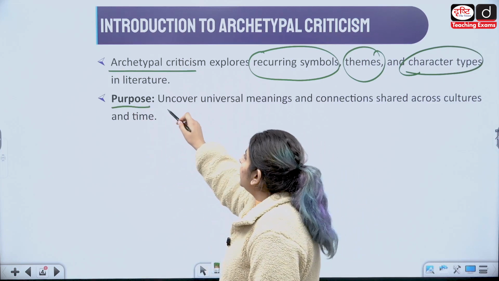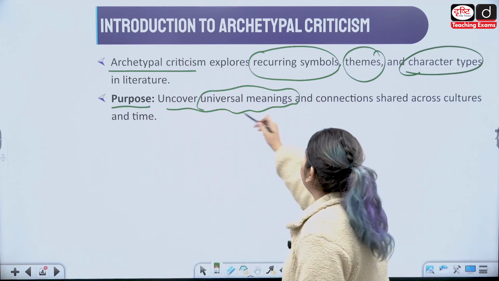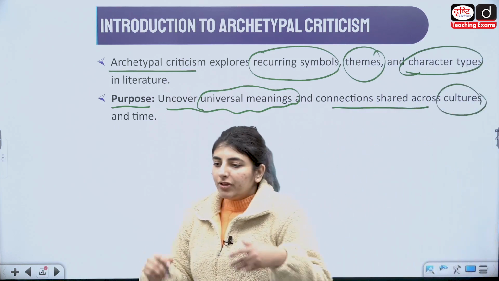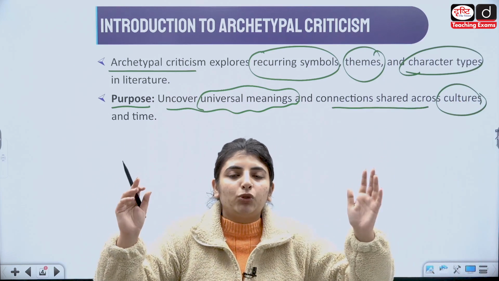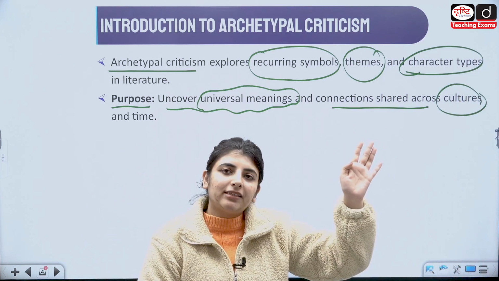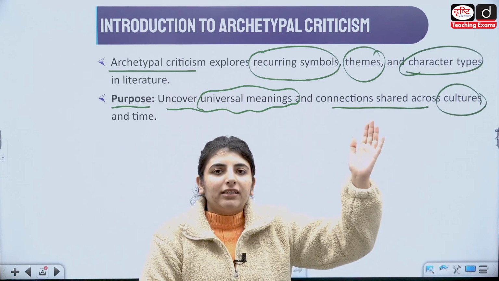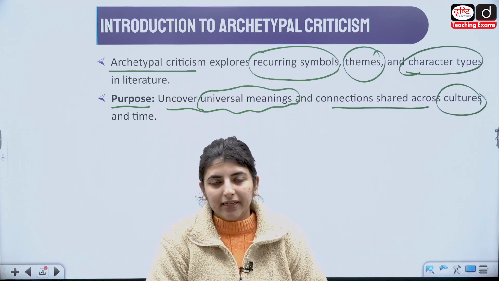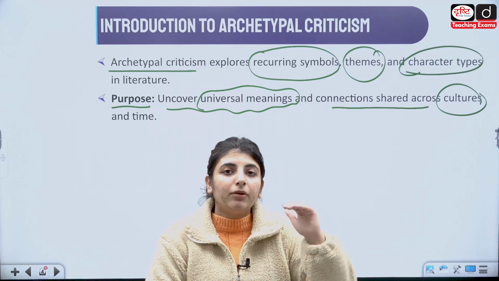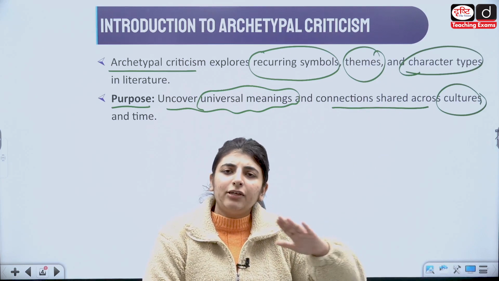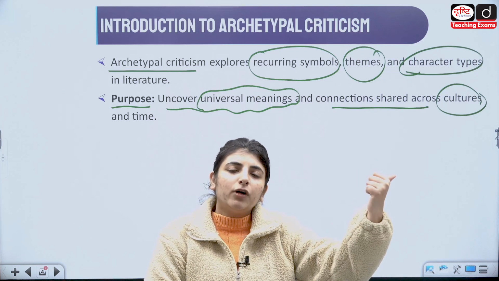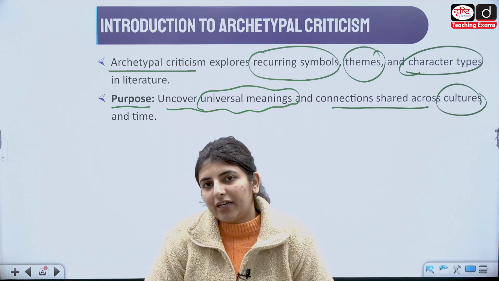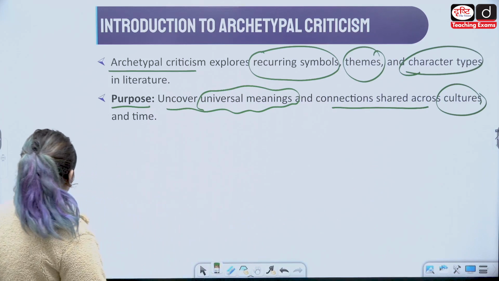The purpose is to uncover the universal meanings and connections shared across cultures and time. So there might be certain cultures which would have lived, now would have been extinct, right? From those cultures to today's culture, if there are any changes in the symbols, or if the plight of humankind is shown universally in the works of those times and in the works of these times as well, that is what we try to uncover, right?